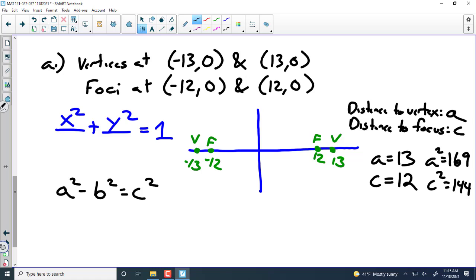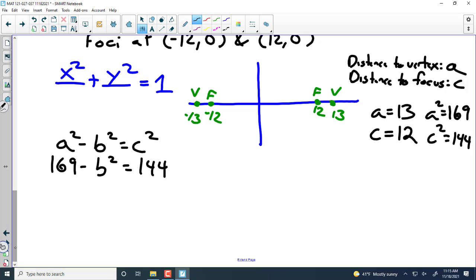So therefore, 169 minus B squared equals 144. From this information, can we figure out what B squared is? I guess I'll subtract 144 from both sides and add a B squared to both sides. And that's going to give me 25 equals B squared. Bingo.